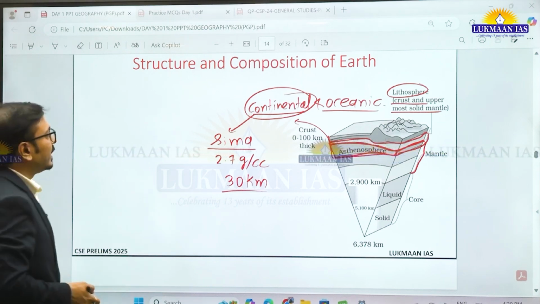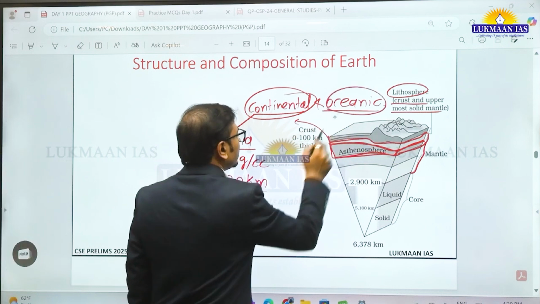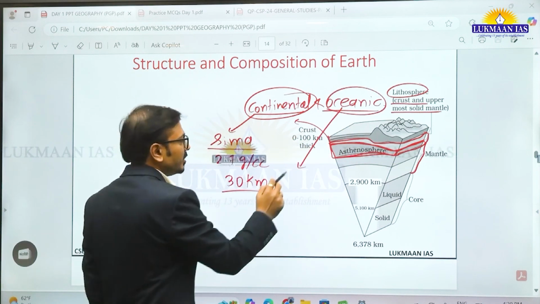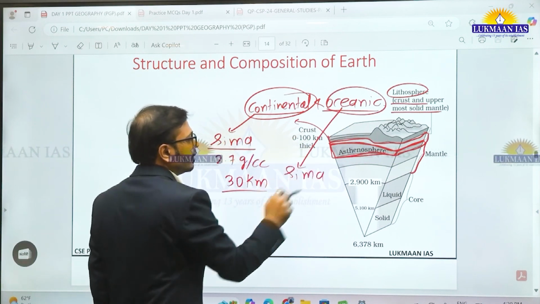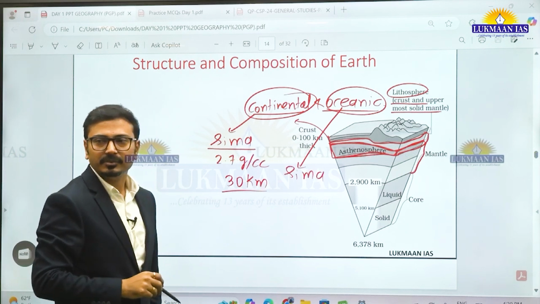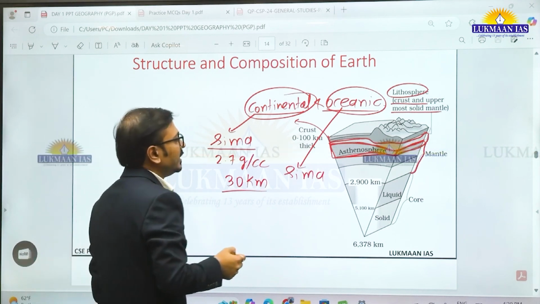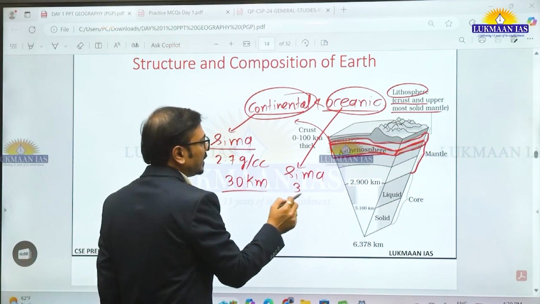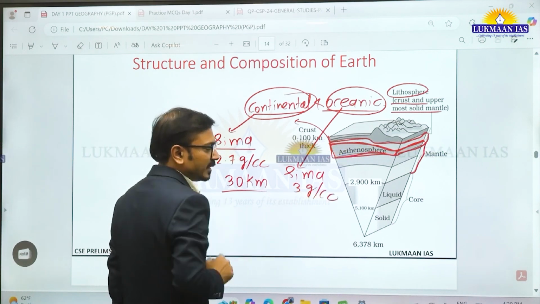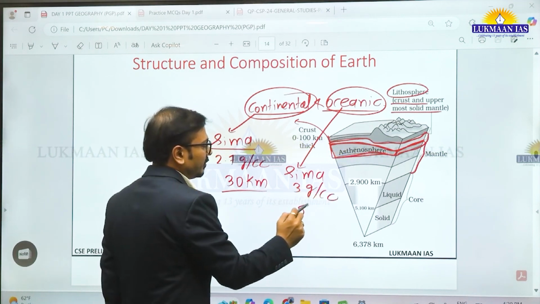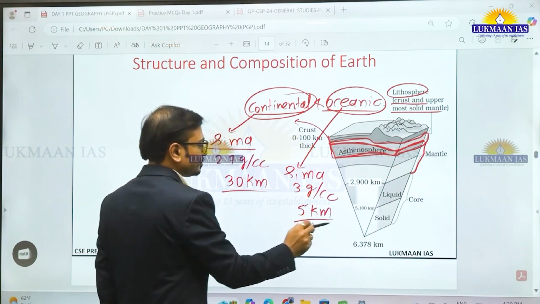Okay. Then oceanic crust. Oceanic crust is largely made up of silica and magnesium, Sima. Okay, Sial, Sima. Now, the average density is 3 gram per cc and average thickness is 5 kilometer.